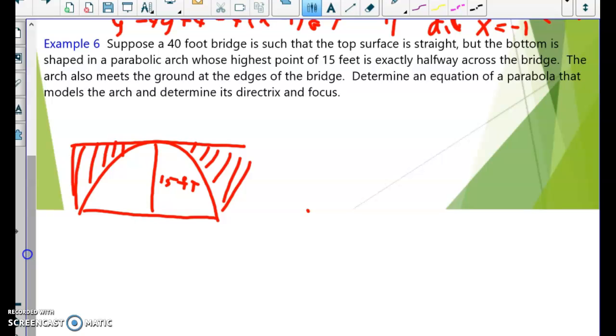All right. So I know, because we have an up or down opening parabola, that it's going to be of the form x squared equals 4py. I also know that the bridge is 40 feet across, so that distance is 40 feet.